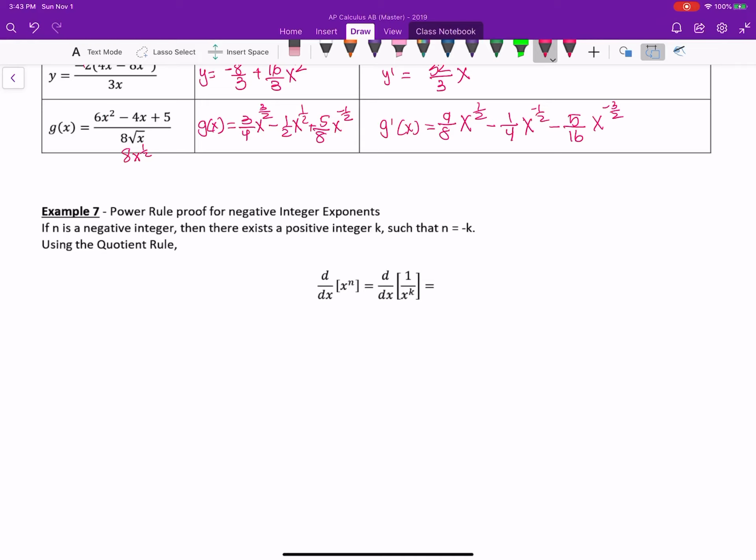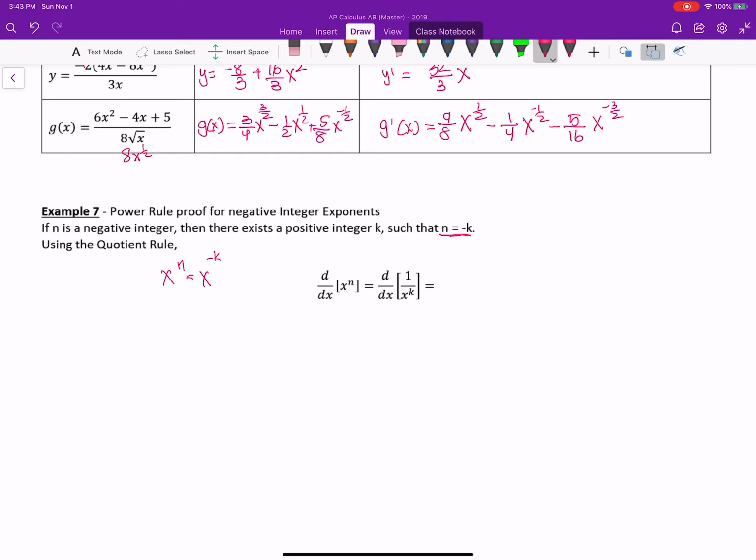For the proof here, if n is a negative integer, then there exists a positive value k such that n is equal to negative k. So x to the n is equal to x to the negative k.